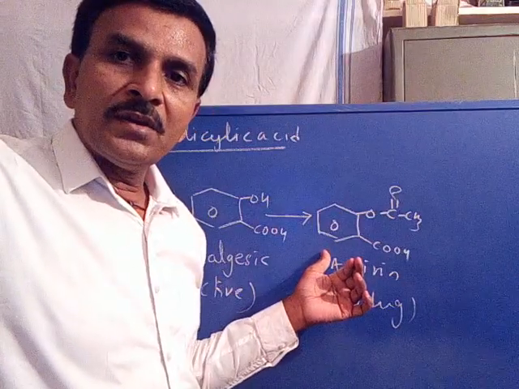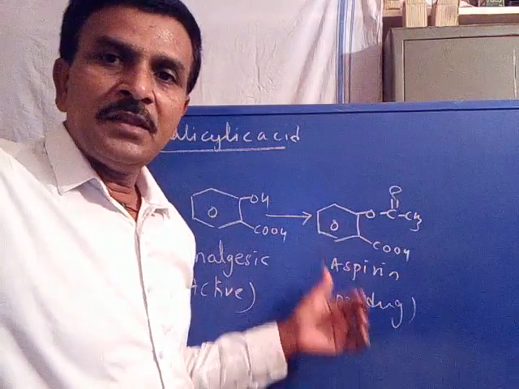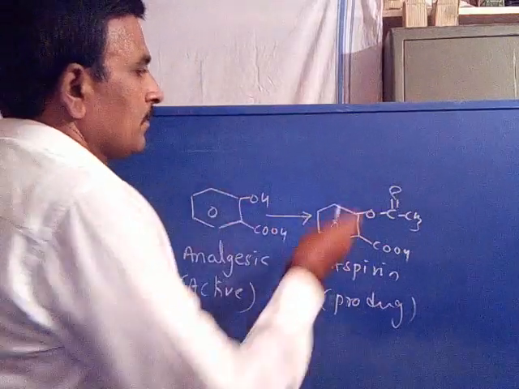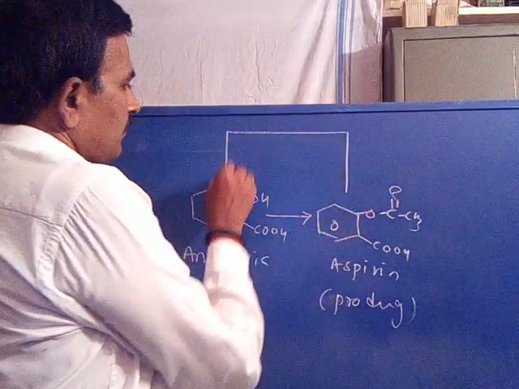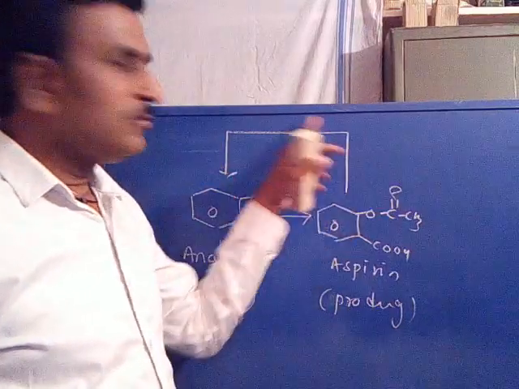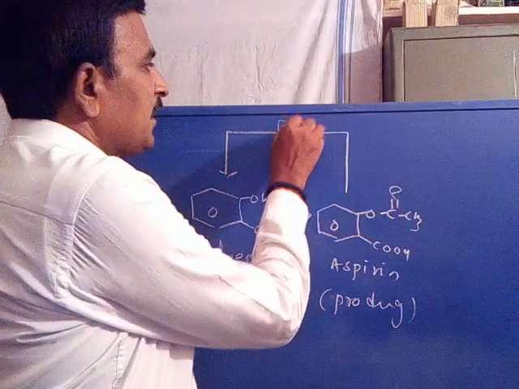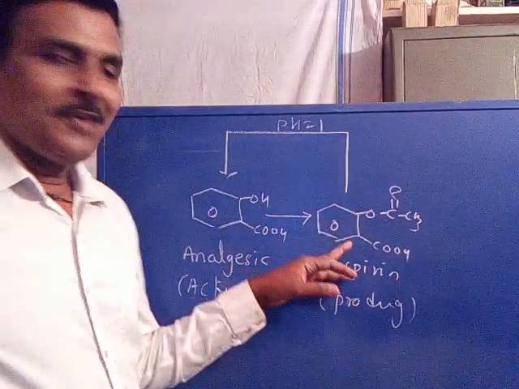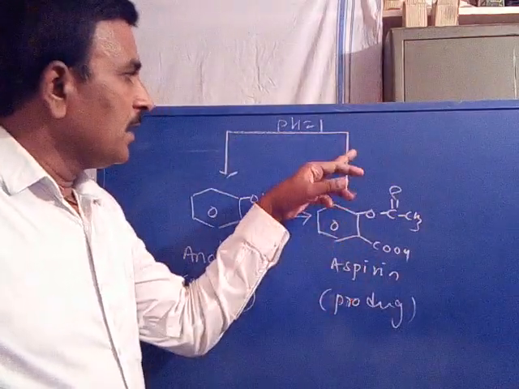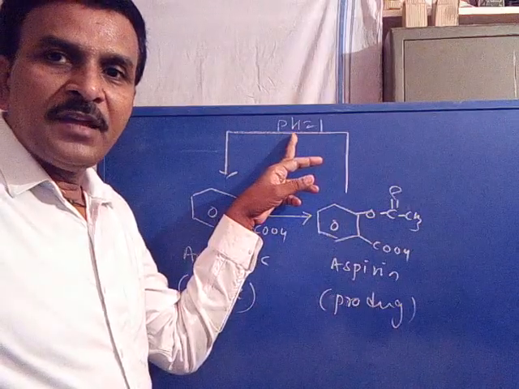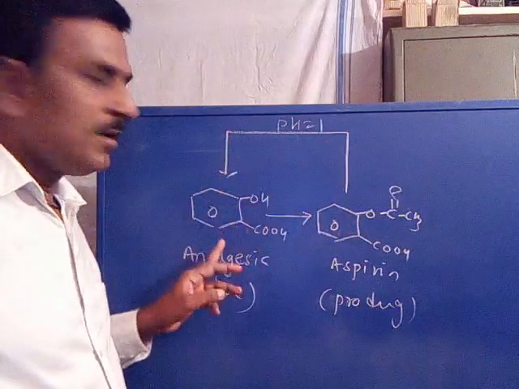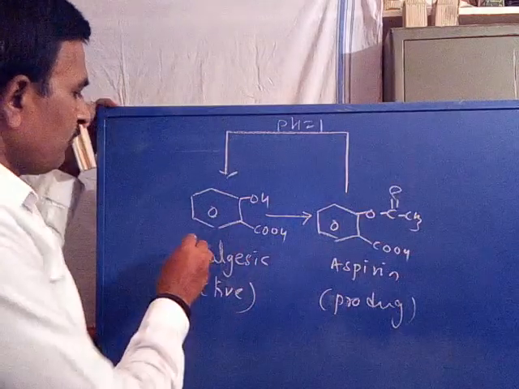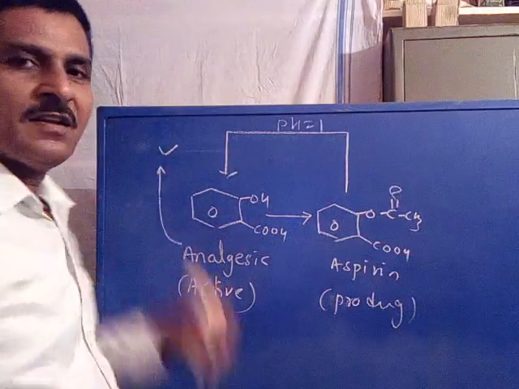When this aspirin, the prodrug, reaches its target, that is the gastrointestine, where pH is equal to 1, it is back converted into salicylic acid, from which analgesic activity will be elicited.